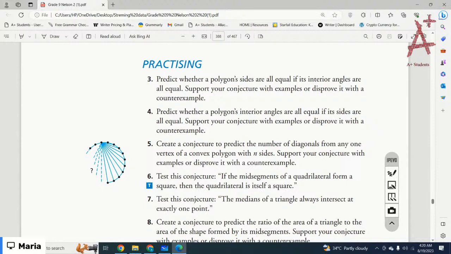Okay, the next one is predict whether a polygon's interior angles are all equal if its sides are all equal. If the side lengths are equal, are all the angles equal? Some polygons do have sides that are equal in length, like triangles, squares, and hexagons.